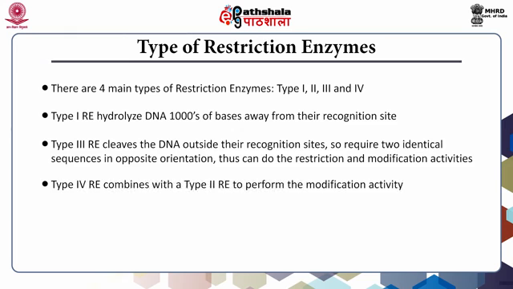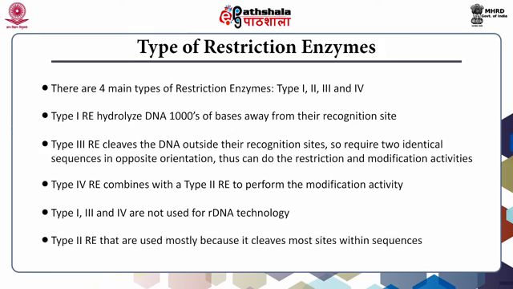Type 4 restriction enzymes combine with the type 2 restriction enzyme to form the modification activity. Type 1, 3 and 4 are not used for recombinant DNA technology. Type 2 restriction enzymes are used mostly because they cleave most sites within sequences.